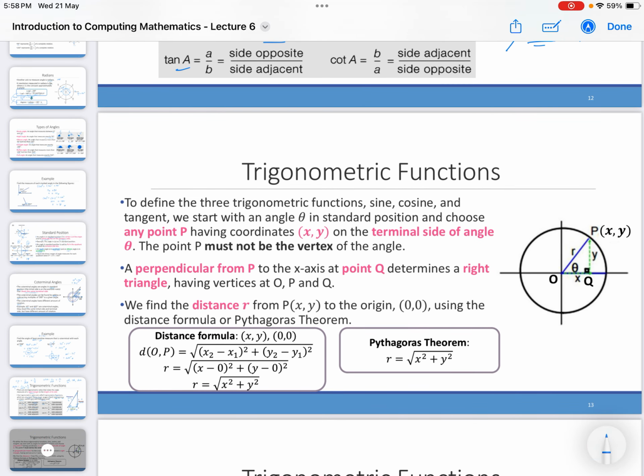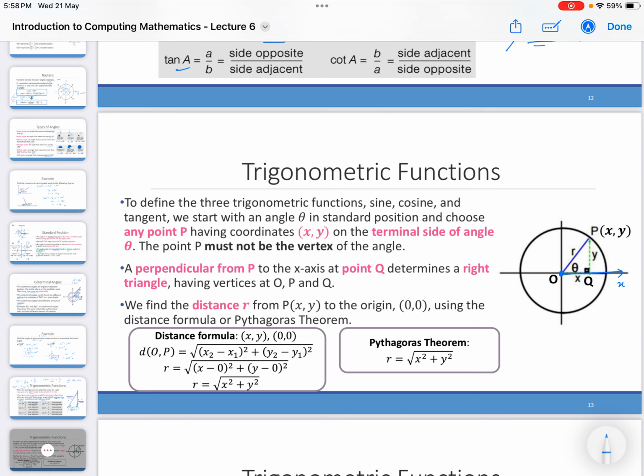So now we want to define the trigonometric functions using the xy coordinates. How to do it? We start with an angle theta in standard position. That means the vertex is at the origin, and the initial side is the positive x-axis.